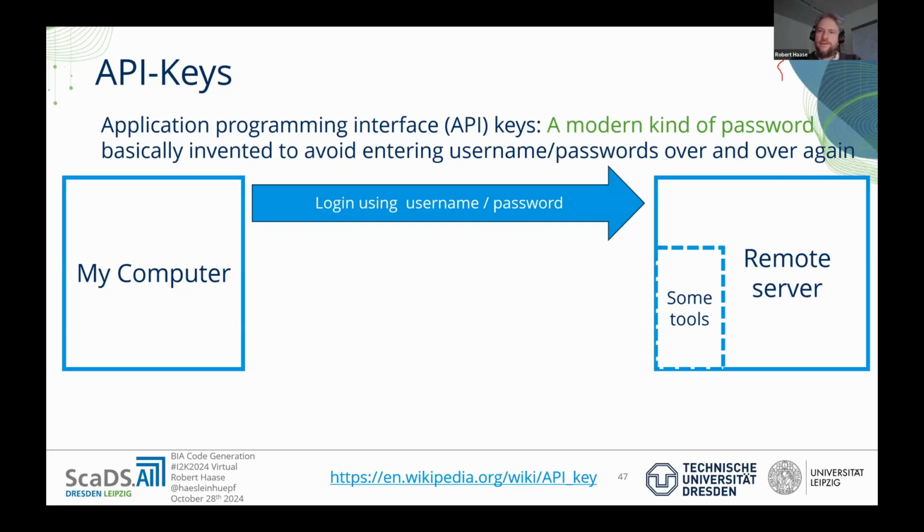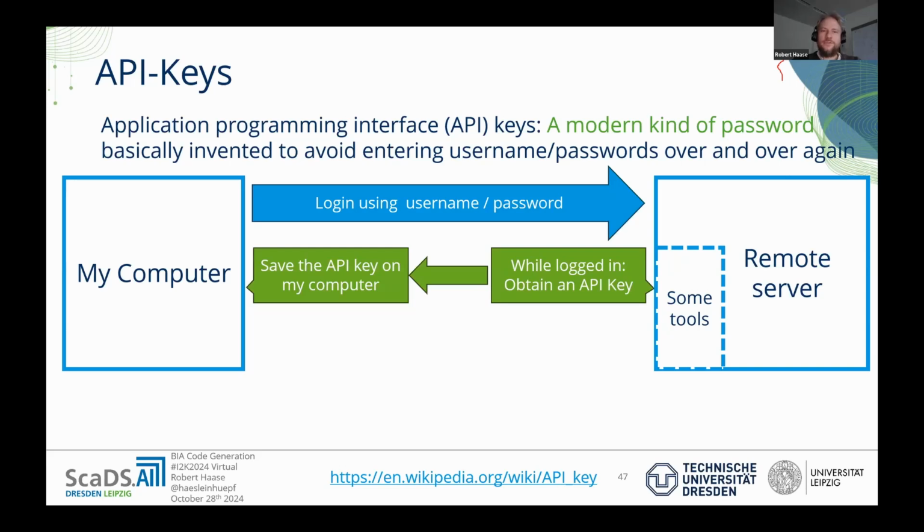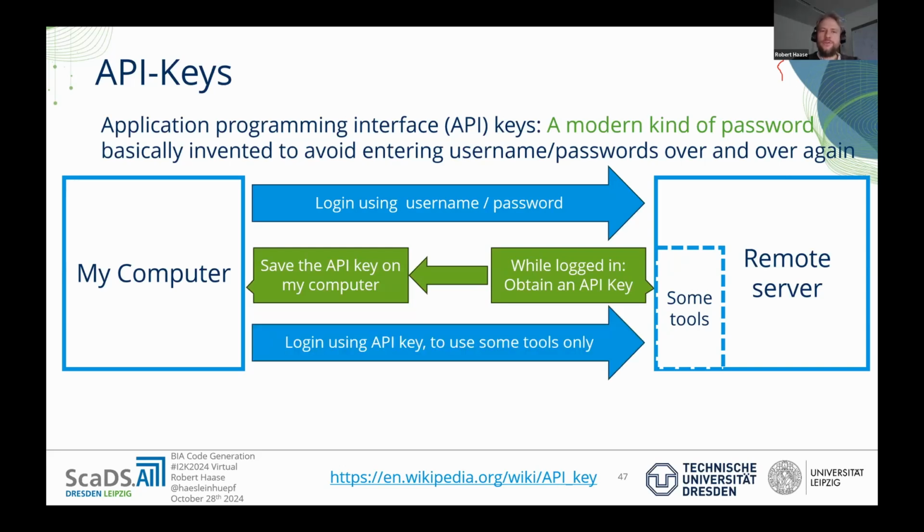So you see here, I'm logging in and I'm basically obtaining an API key in this online platform. And I take this API key and I save it on my computer. And then the computer can log in using this API key instead of username and password and use some tools. So it cannot use everything, but it can use these some tools.